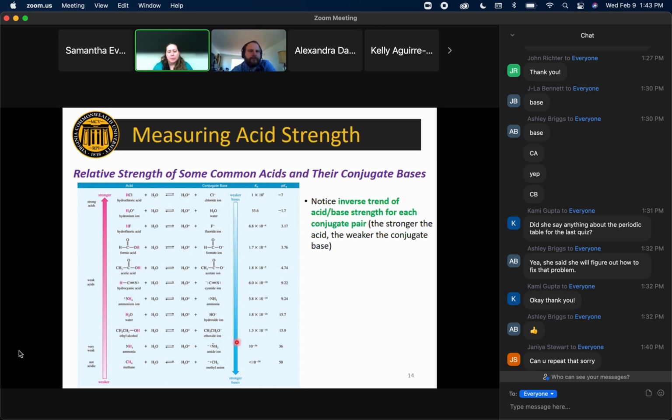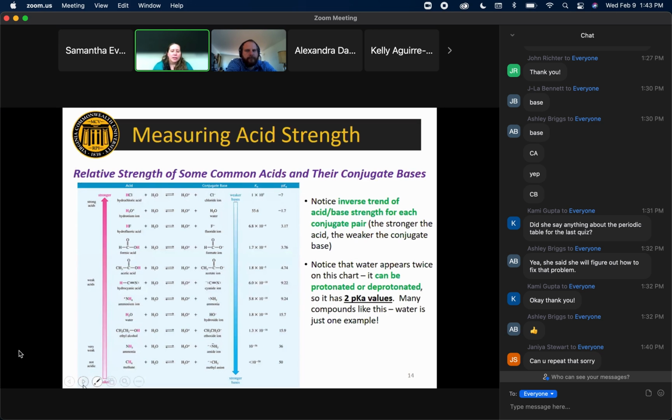So the trend is opposite and converse to each other. If you have a weak acid, and you're able to manage deprotonating that acid, what you have then is a really strong base. And this should make sense. These strong bases are not stable. They don't want to stay the way they are. They're going to run around and try to find a proton so that they can get back to the weak acid stage.